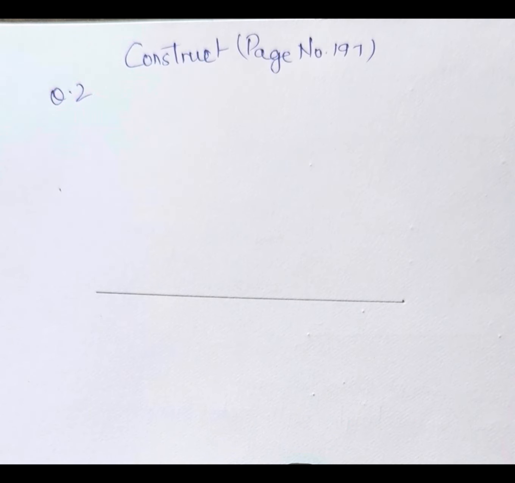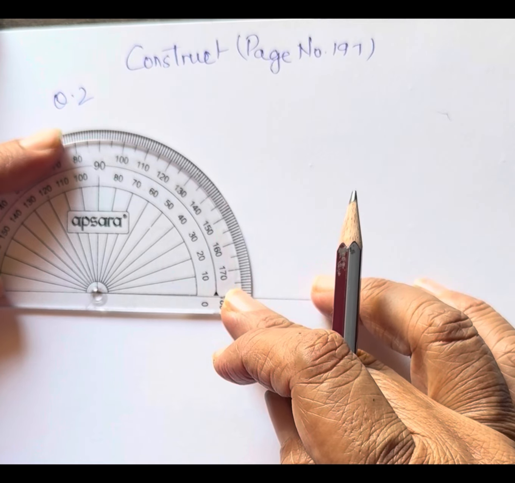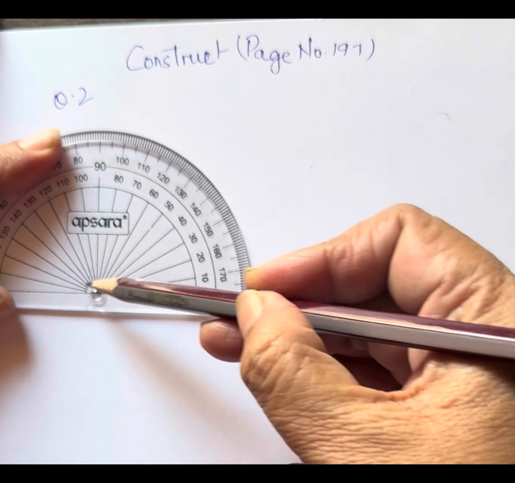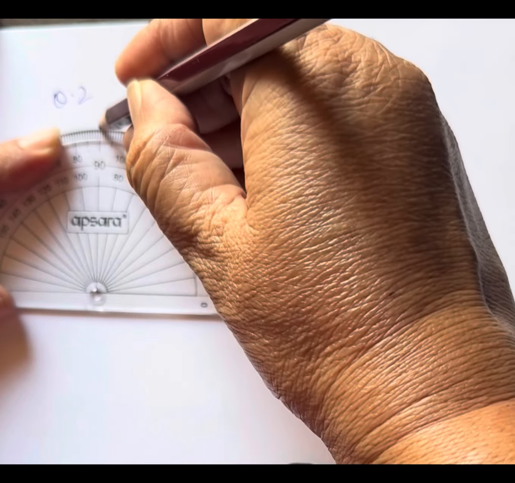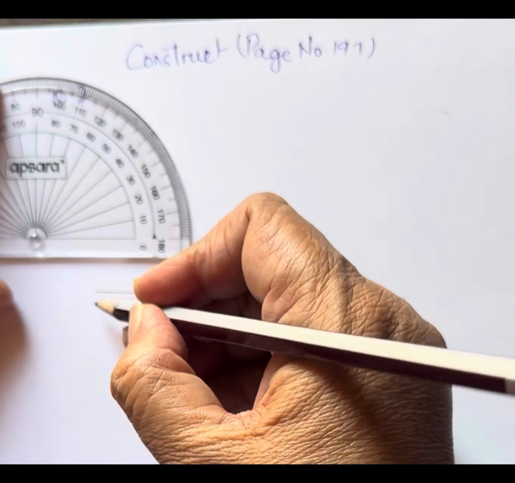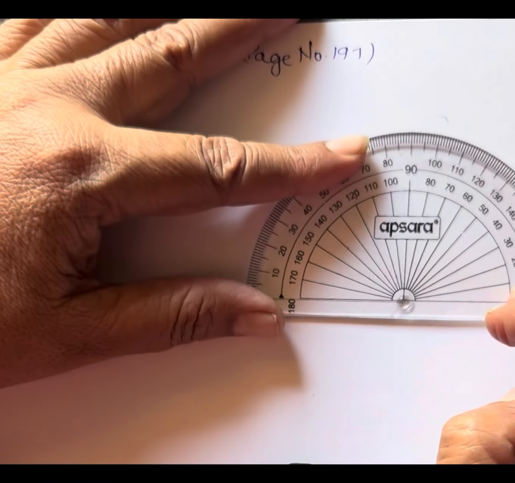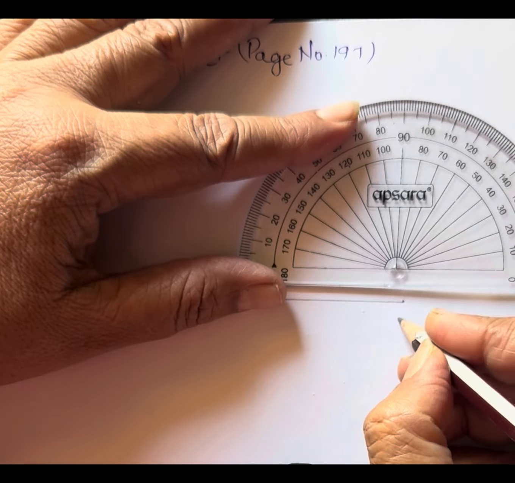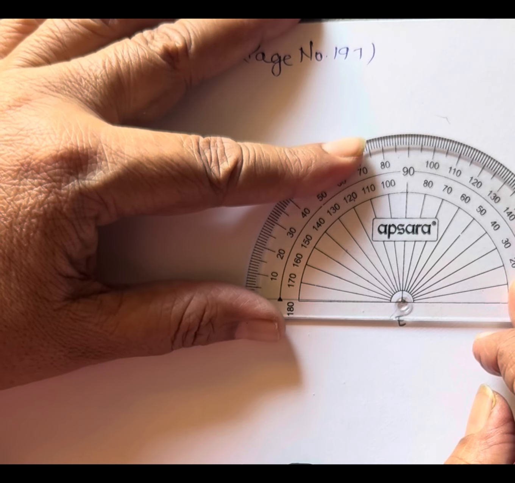Okay. Then we take a protractor. Always take care of this baseline and the point. Otherwise it will not be 90 degree. Okay. We give it a name D and we name here as E. Now you see I'm doing the second and the third steps together.